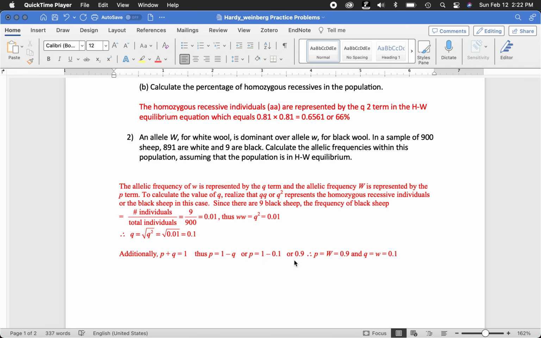So that means that as far as allelic frequency is concerned, there is 90% allelic frequency for the dominant allele, and there is 10% allelic frequency for the little w recessive allele.